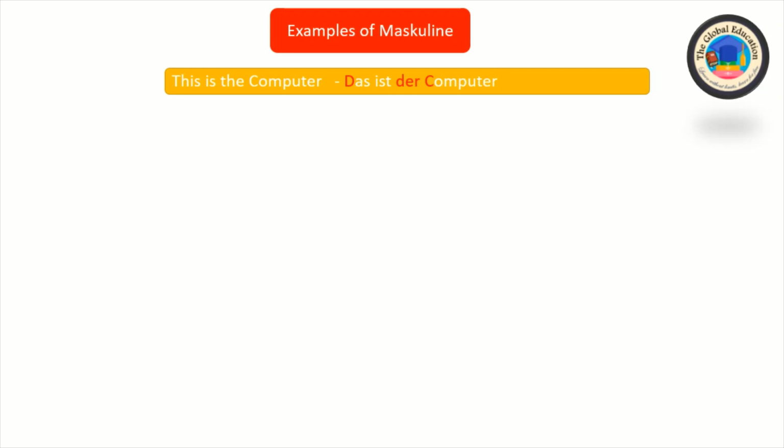Always remember in German, in an object we use a capital first letter, and verbs we always write in small letters. So why here das ist der Computer? Because here we use the computer, so der Computer.